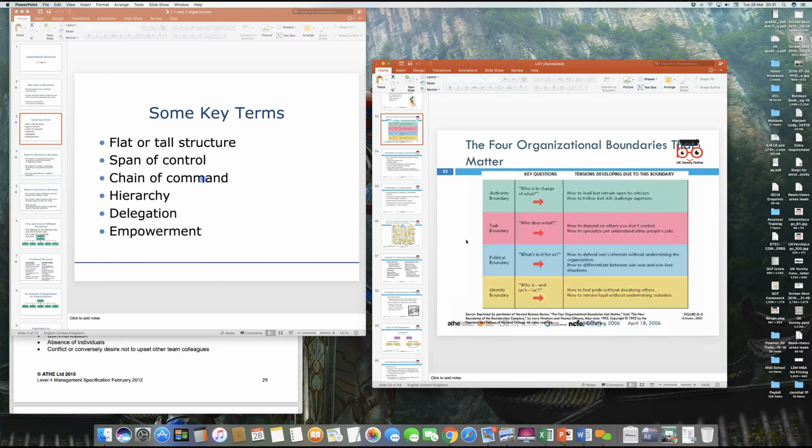So what we understand, why we want to look at studying these structures is that we want to understand in a later stage in learning outcome 2 how the structure of the organization affects and shapes the culture within the organization.